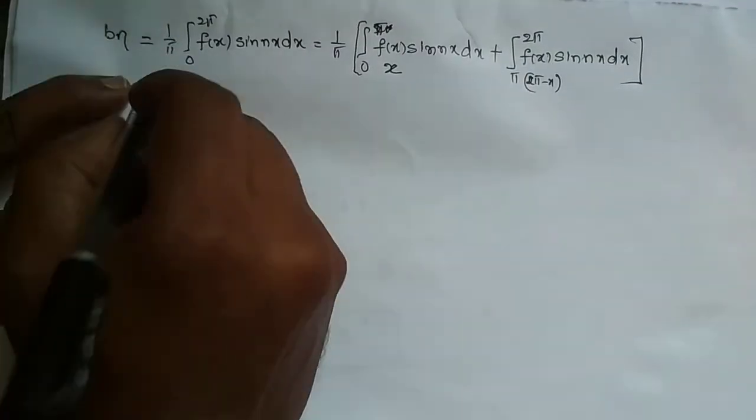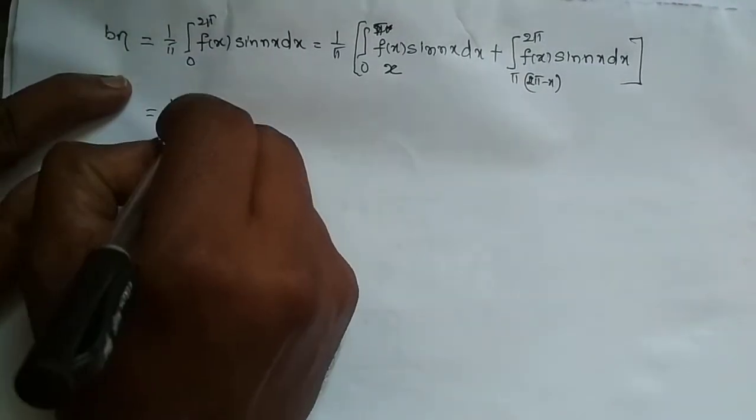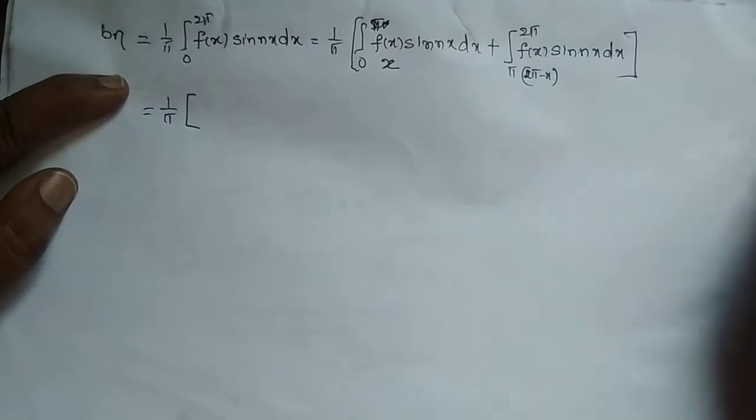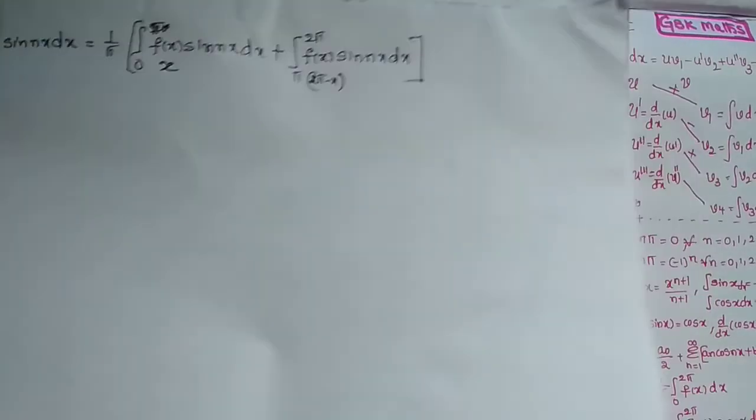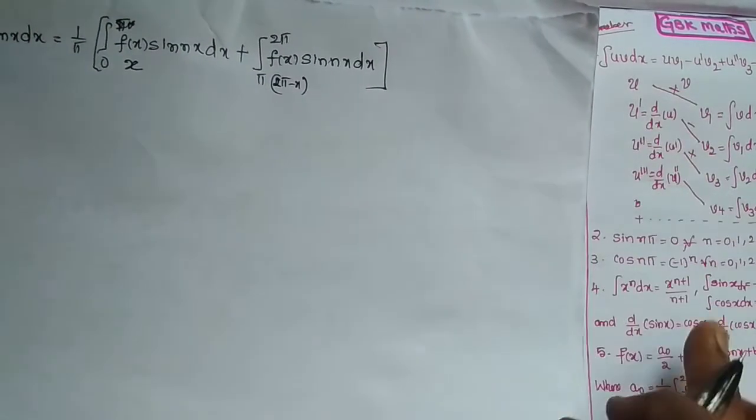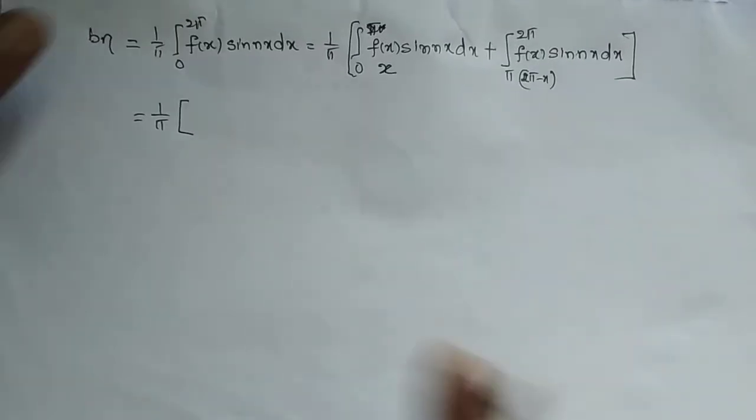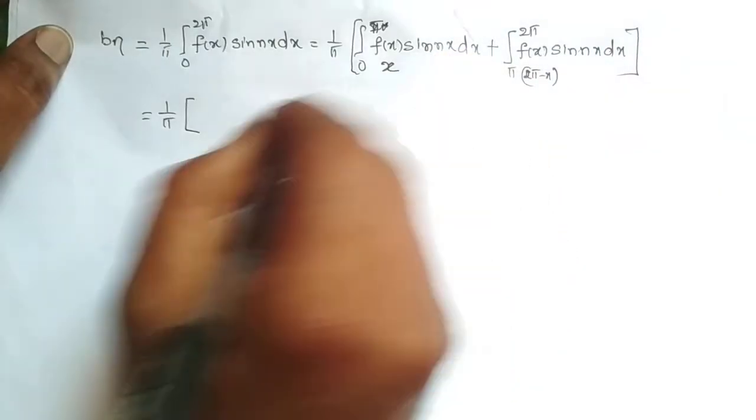So I can directly write 1 by pi into, I can apply the same formula. So this is the formula, right? uv1 minus u dash v2.